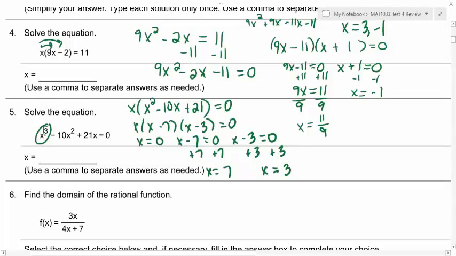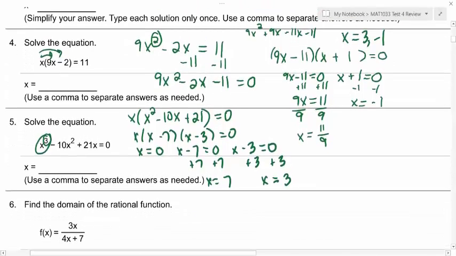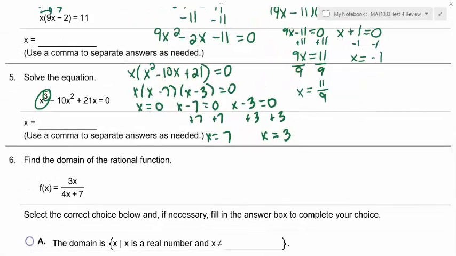That the biggest exponent was actually a cubed. Whereas in the other problems, it was always just squared, right? If you go back and look at them, it was always just squared. So that's a hint that you may have more solutions. Now, you don't always know. Sometimes there's a duplicate solution, but there should be 3 solutions there. Some of them could be imaginary, but there should be 3.